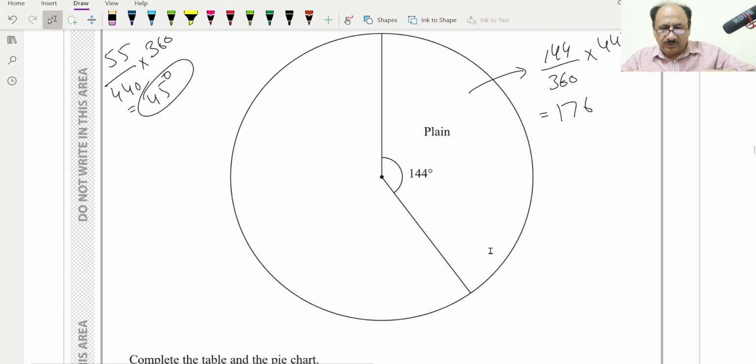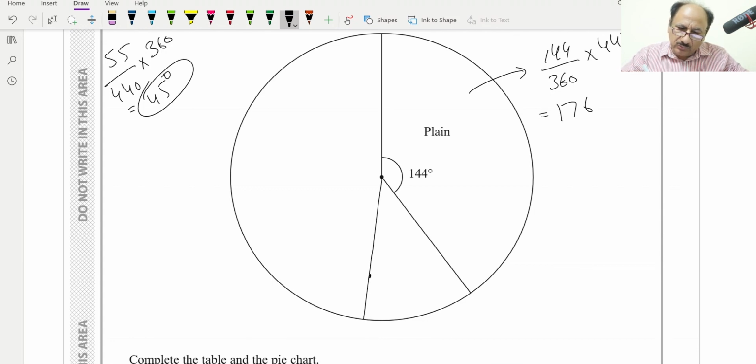For that we can put our protractor over here, and we require a 171 angle and a 45 angle. 171 will be roughly over here, and we can draw a line like this.